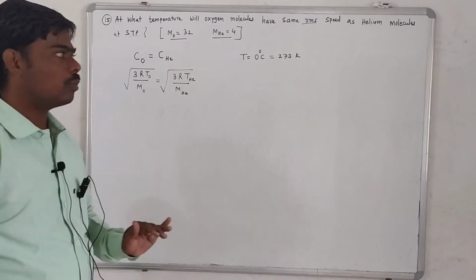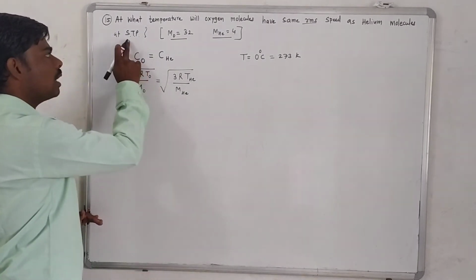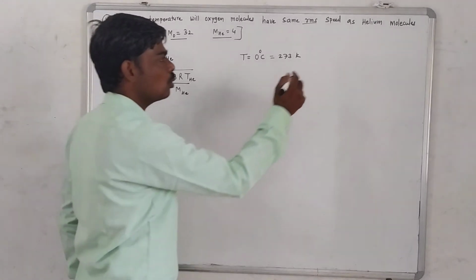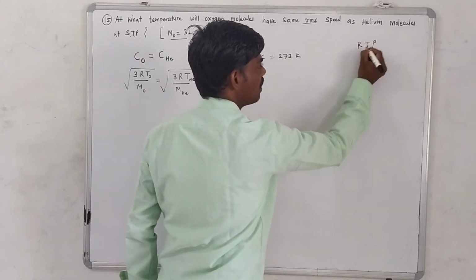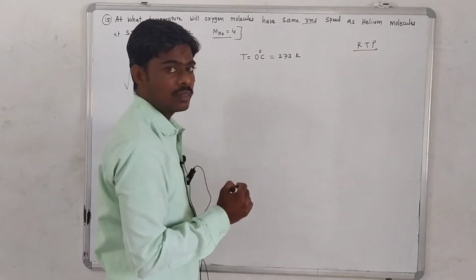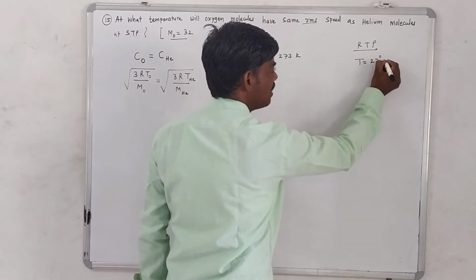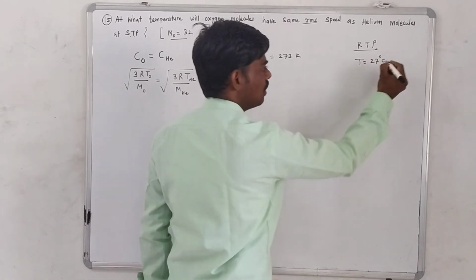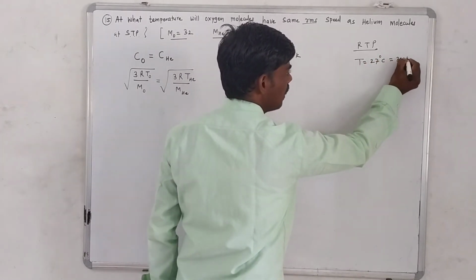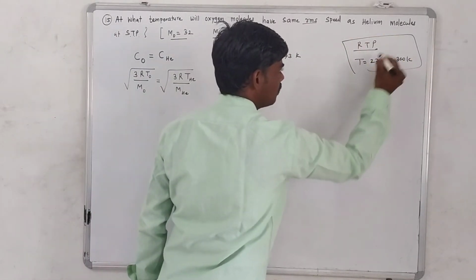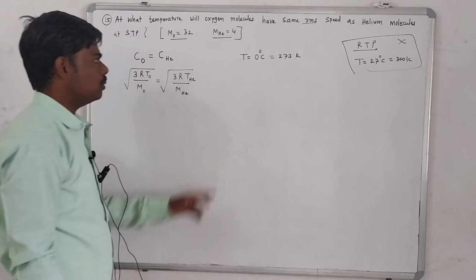Sometimes in some problems we may also be asked about RTP. RTP means room temperature and pressure condition. So what is room temperature? Room temperature is 27 degrees Celsius, which means 300 Kelvin in Kelvin. It is not needed for this problem; this is extra information for you.